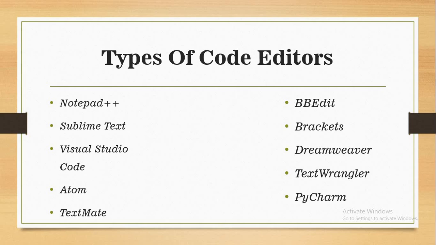Now these are the code editors that we have. This is not the only one, we have a lot, but these are just a few of the code editors. For this tutorial, we are using Visual Studio Code.